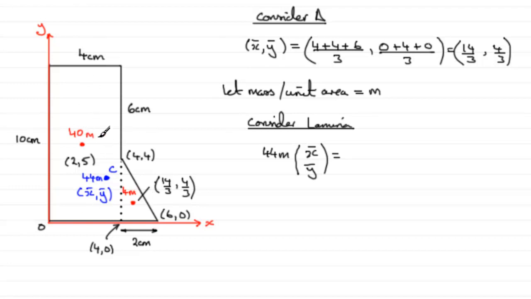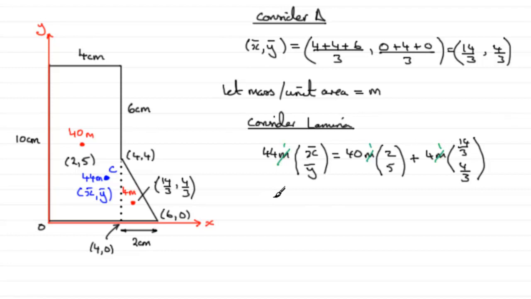So it's going to be 40m multiplied by the column vector 2, 5, and then plus the moment produced from the particle here, 4m, which is going to be 4m multiplied by 14 thirds and 4 thirds. Now the m's cancel, so we can take those out. They're in each term.